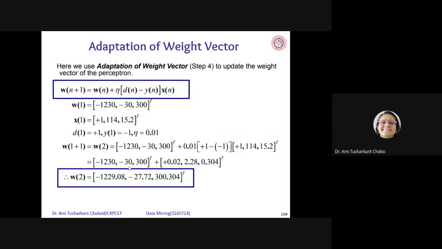Minus 1230, minus 30, 300 transpose plus 0.02, 2.28, 0.304 transpose. So W2 will be equal to negative 1229.08, minus 27.72, and 300.304 transpose. Okay, so this is what we are getting for the next level, the weight vector. Fine. We have adapted the weight.